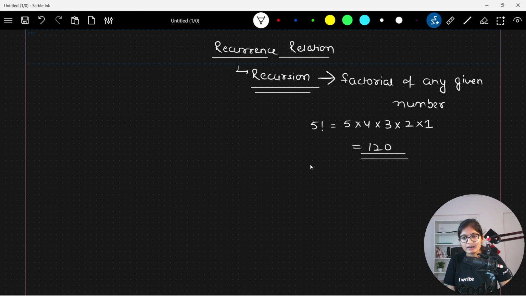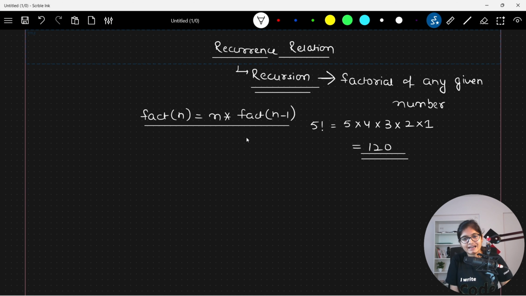Now, in order to write the code, what we are trying to do here is that in order to calculate the factorial of n, we are doing n multiplied by factorial of n minus 1.